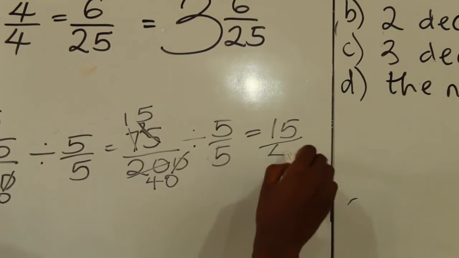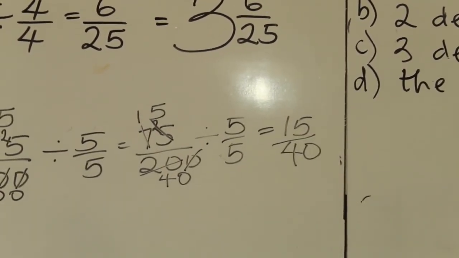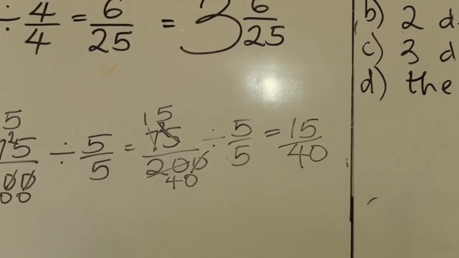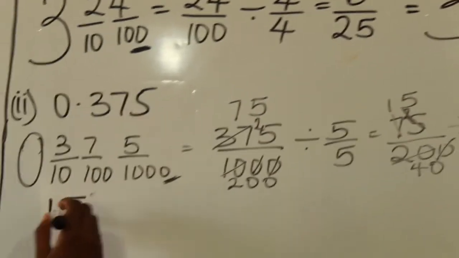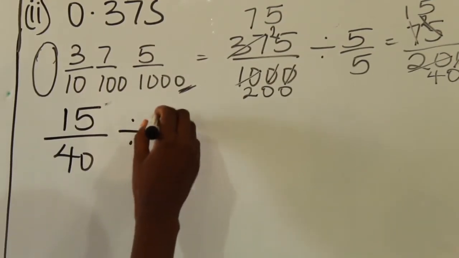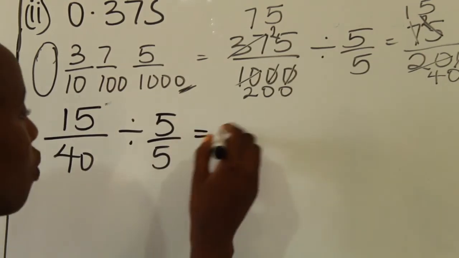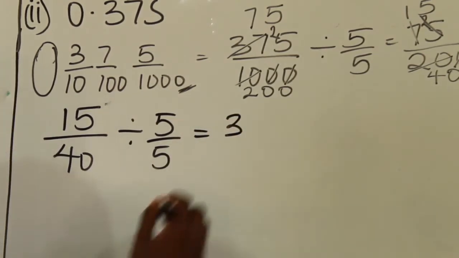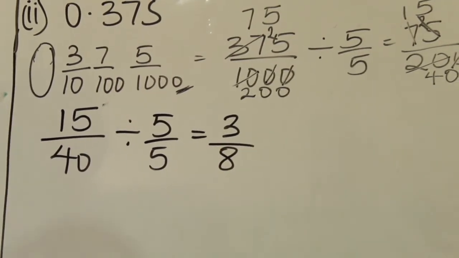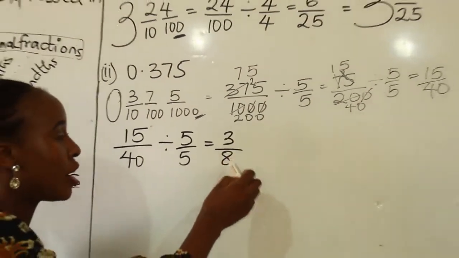We have 15/40. 15/40 can still be reduced to its lowest term. So we'll come here and continue. It can be divided by 5. 15 divided by 5 equals 3. 40 divided by 5 equals 8. 0.375 expressed as a fraction is equal to 3/8.